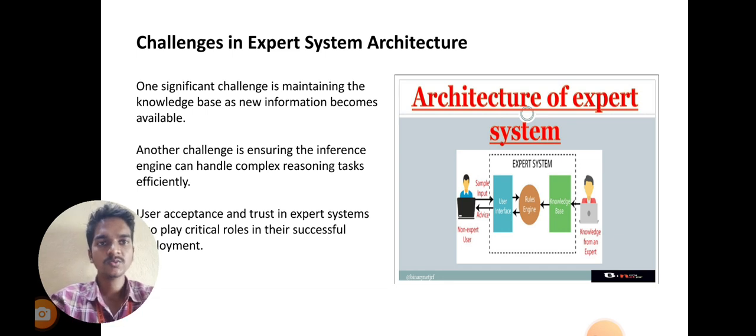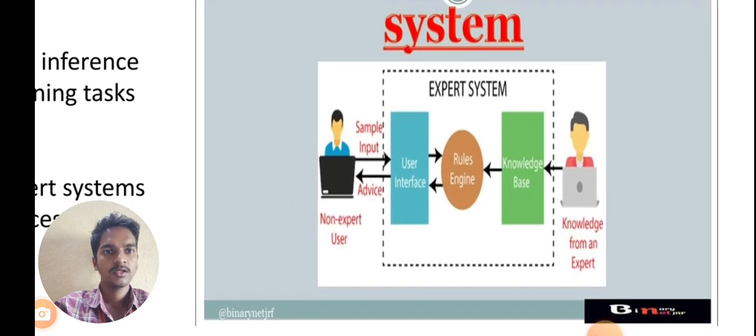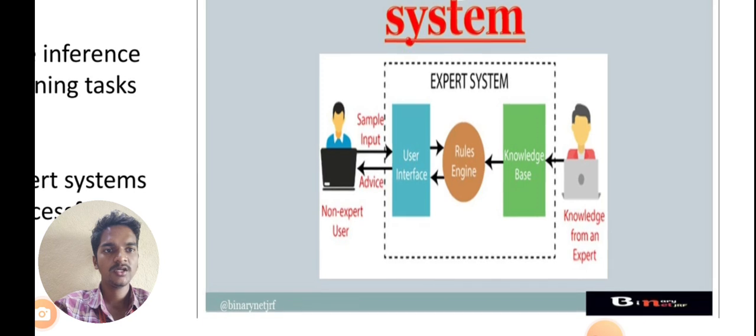So here is a small diagram which gives a brief idea about the challenges in expert system architecture. So let us know about the architecture of expert system. The knowledge from an expert is transferred to the knowledge base, and then the rules given by the expert are used by the expert system and sent to the user.